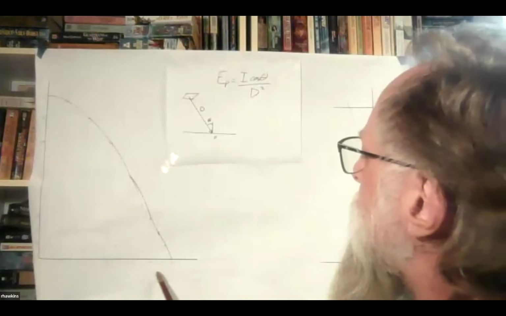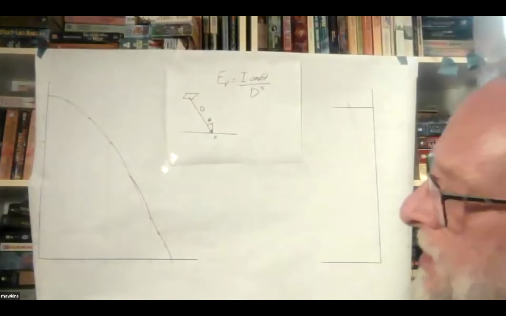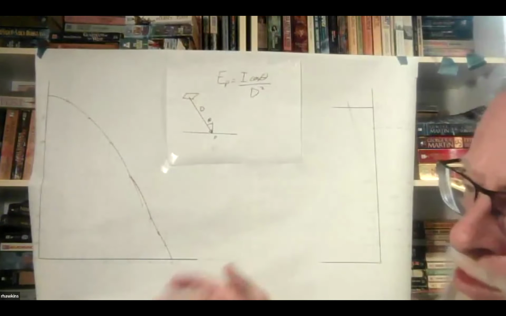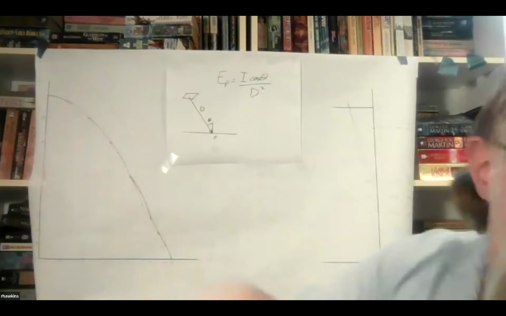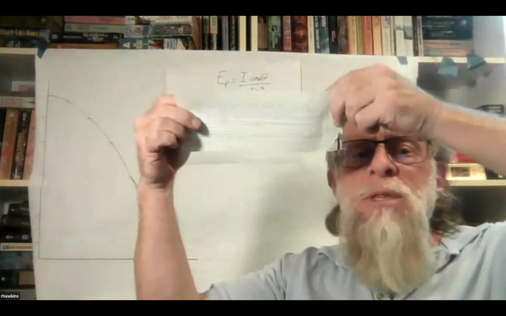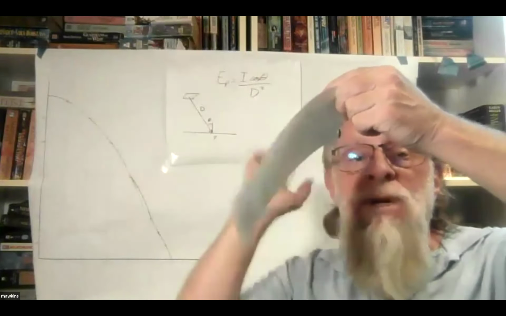So at 75 degrees, the cosine is 0.25. You've lost 3/4 of your light by tipping that thing 75 degrees, because you're letting all the rest go by.